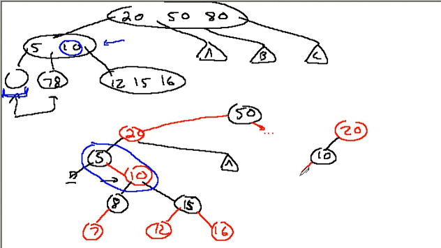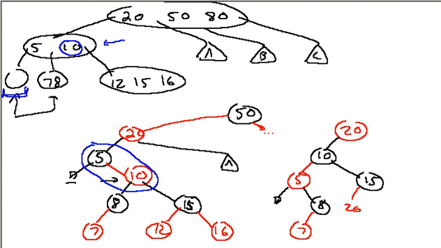And 10 would have been pointing down to 5, and then had your pieces. So 5 would now be null. It used to hold 2 there. This would be 8, followed by 7. And then this would have been 15 with 12 and 16, not 26, with 12 and 16 as children.